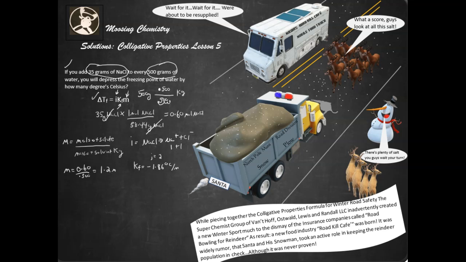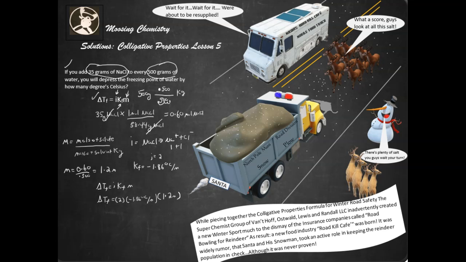So we go delta TF equals i Kf little m. So delta TF equals 2 times negative 1.86 degrees C over m times 1.2 m.